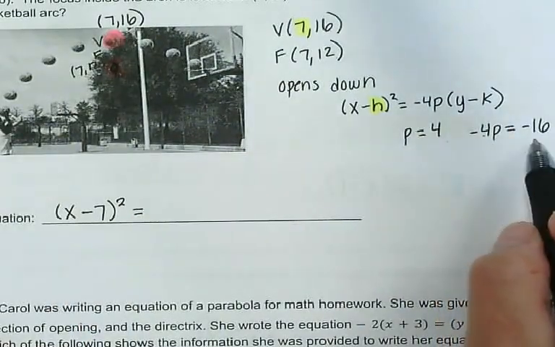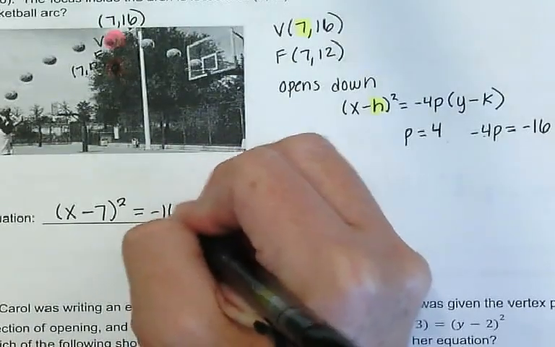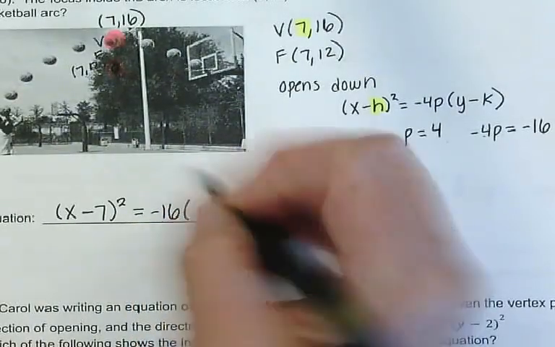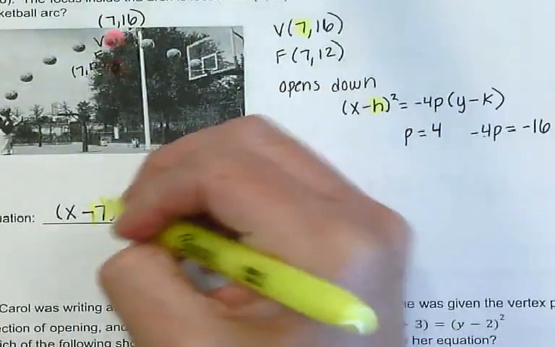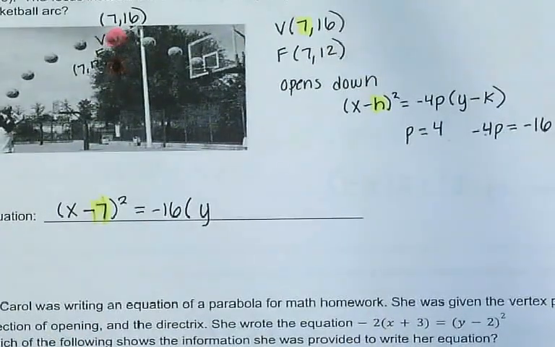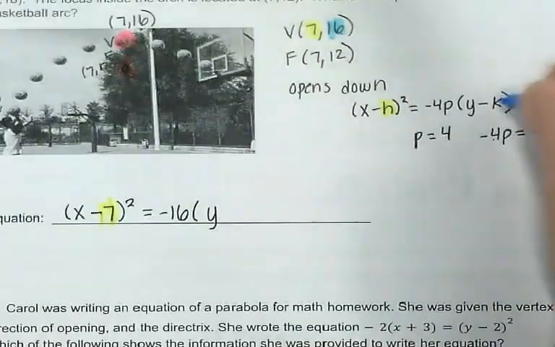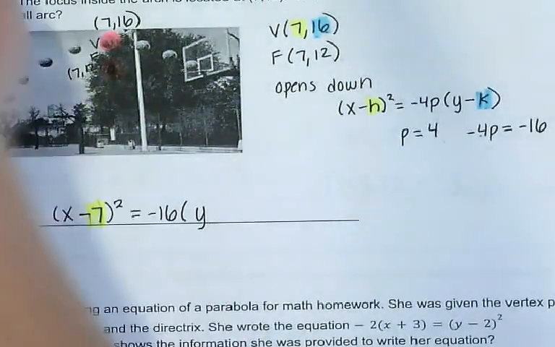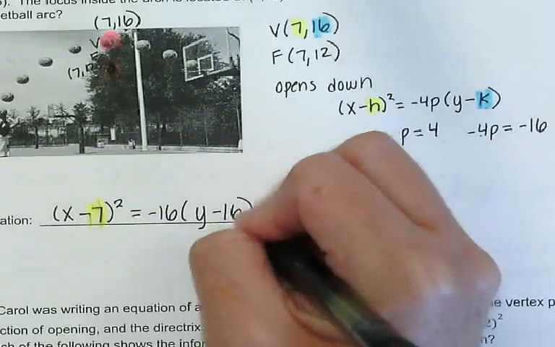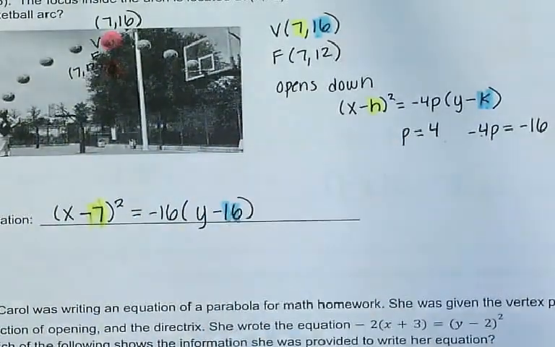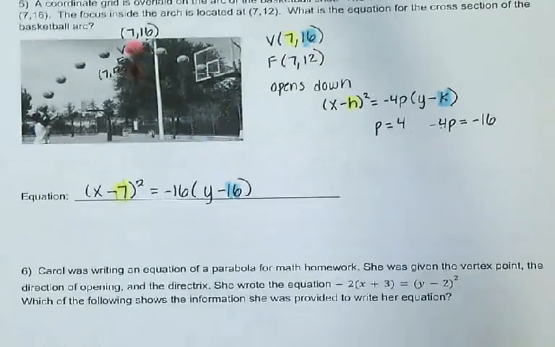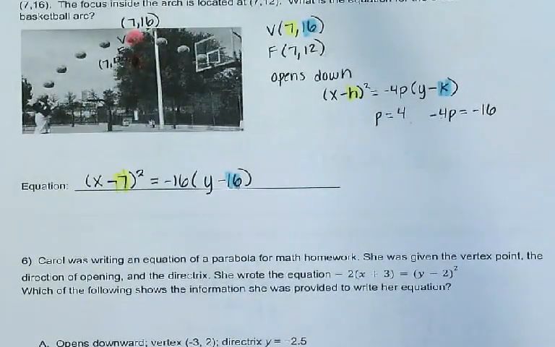We've already calculated the negative 4p, which is negative 16, times your y minus k, the y value of the vertex, which is 16, so minus 16. Any questions?